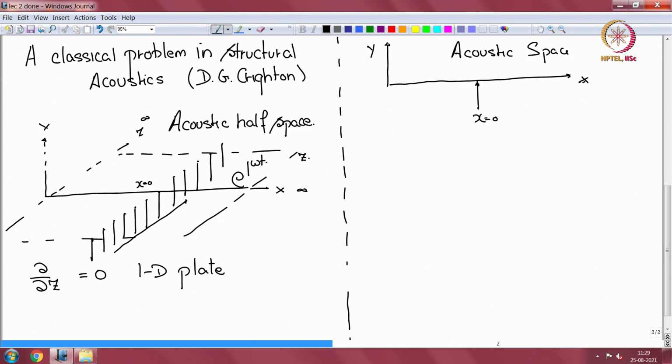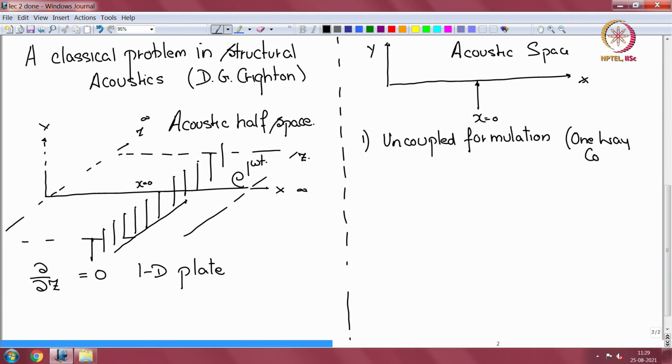Now in sound structure interaction problems, there are two ways the problems are formulated. One is called the uncoupled formulation, or also called one-way coupling.